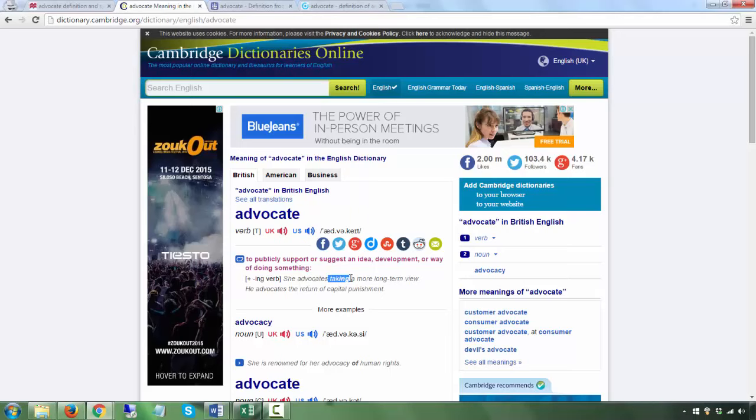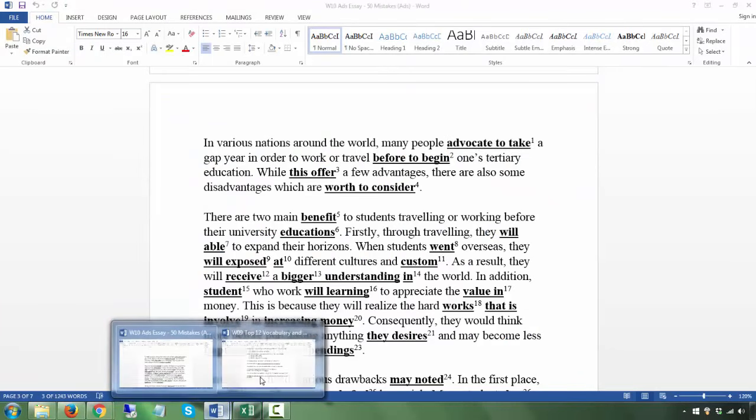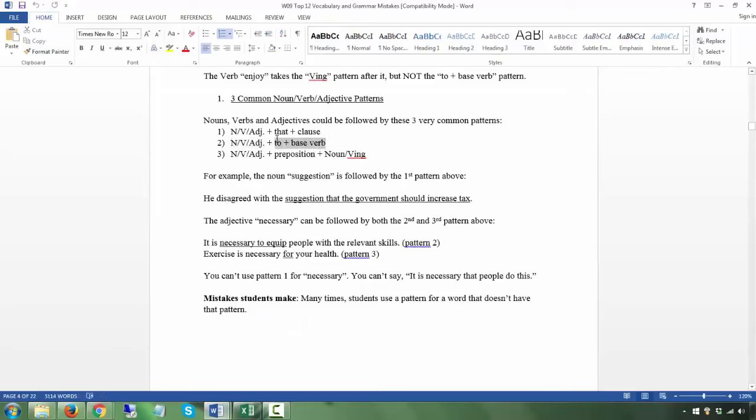So it is possible to put a verb after the verb advocate. And so this is the mistake. Here, the person used advocate plus to plus base verb, the verb plus to plus base verb, because that's a very common pattern, but it is not used this way.